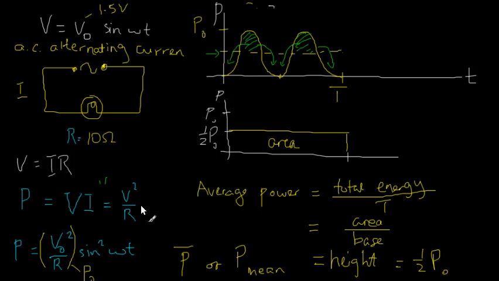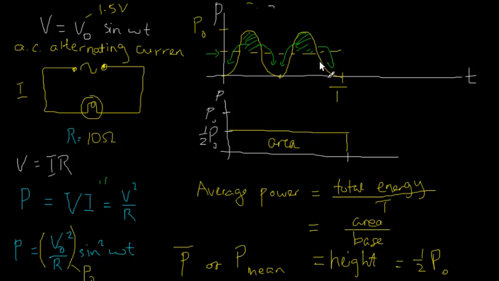Now let's go back to look at this equation that relates power to the voltage. For example, we know that power is equal to V squared over R. So if we can find an average value for the power, which is quite convenient, it's always convenient to have an average value because the actual value goes up and down.